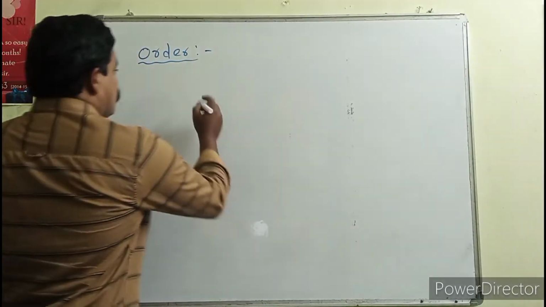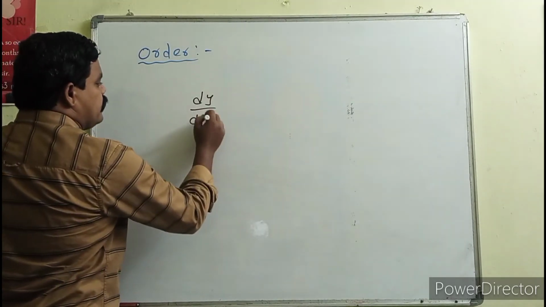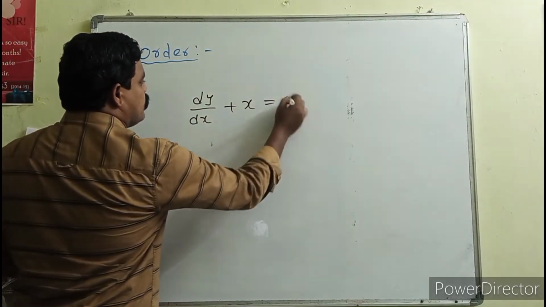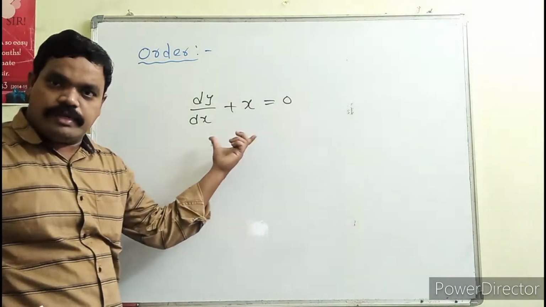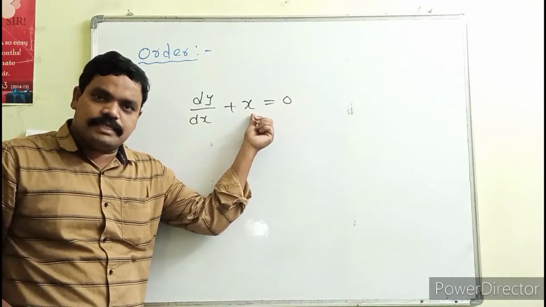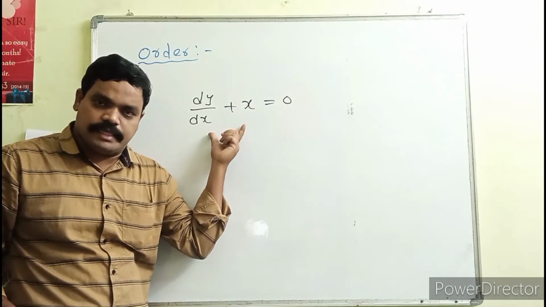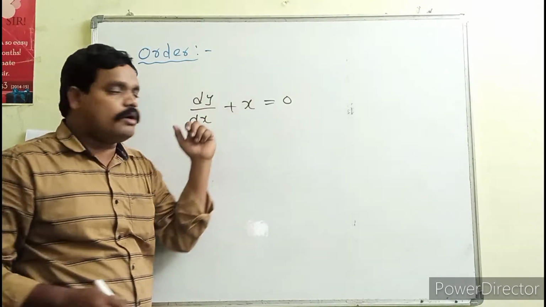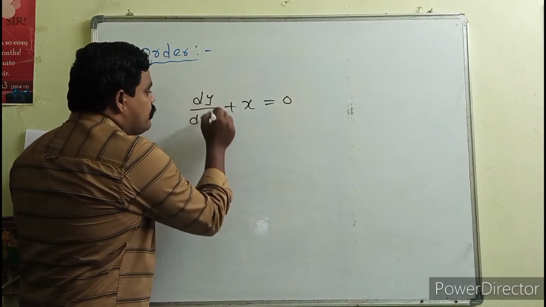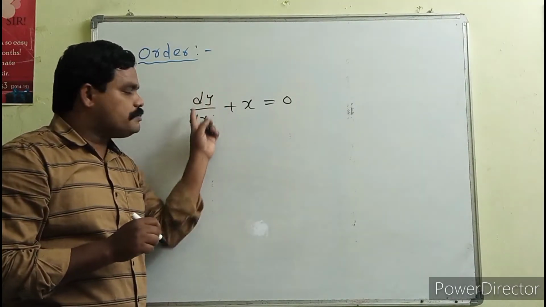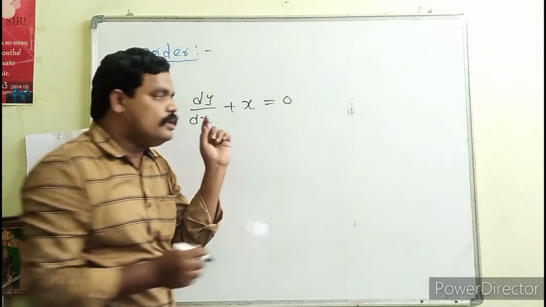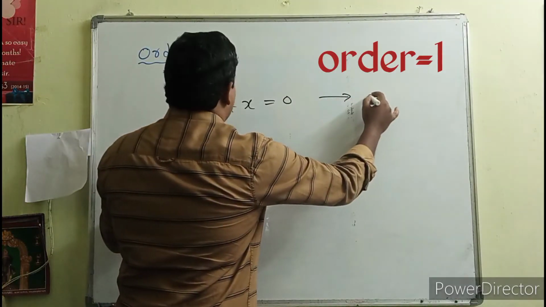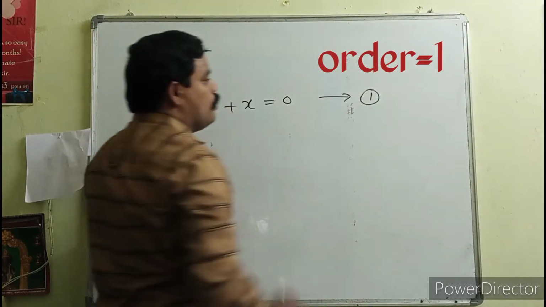Means if there is dy by dx plus x equal to 0, this is a differential equation with independent variable x and differential coefficient dy by dx. Here we differentiate this equation only one time. How do we decide it is one time? dy by dx means differentiate y with respect to x only one time. Therefore, the order of this differential equation is 1.